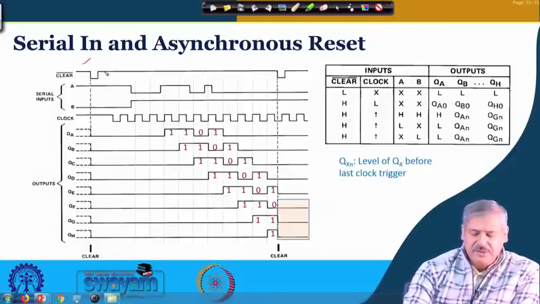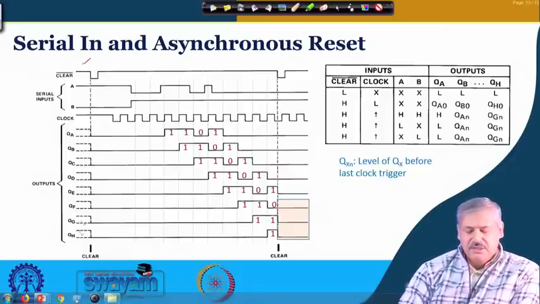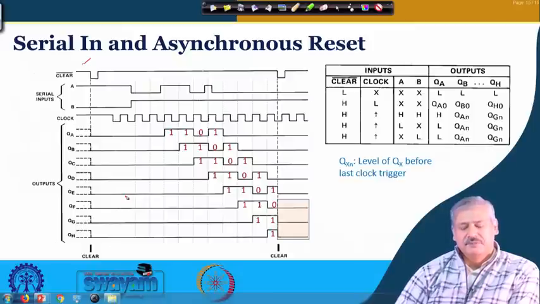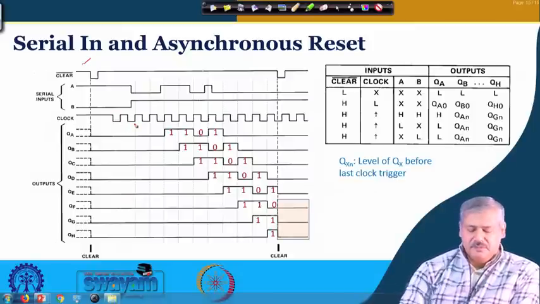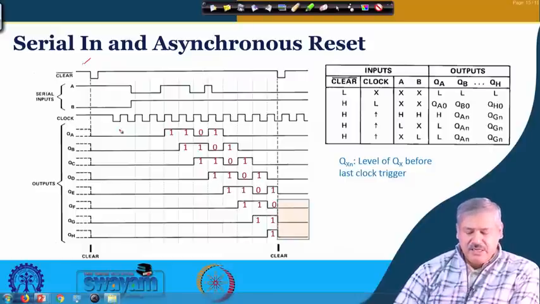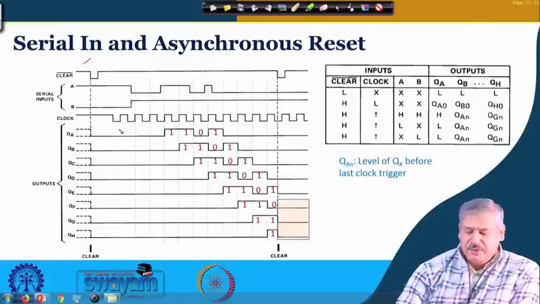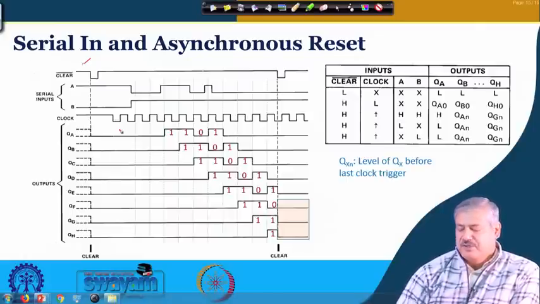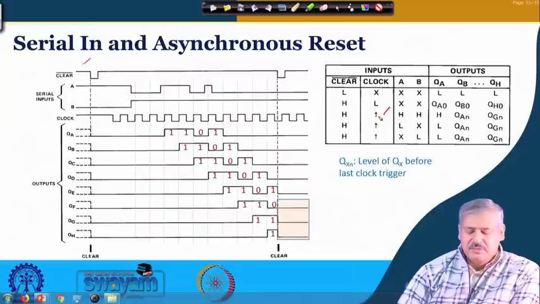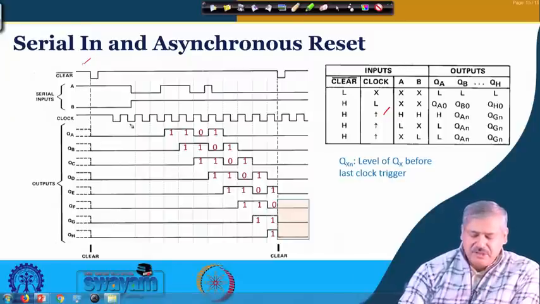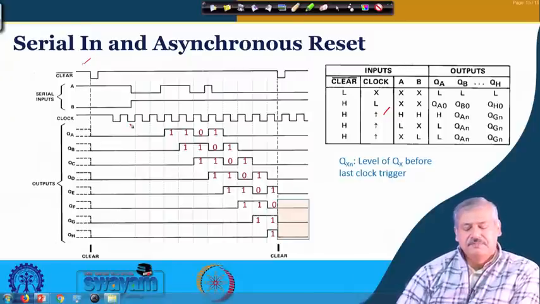Whenever you give this clear, all outputs will be reset. Then the clock starts triggering over here, and at every positive edge of the clock, you can see from the truth table and also from the circuit that it is positive edge triggered. So, every positive edge of the clock gets a trigger.